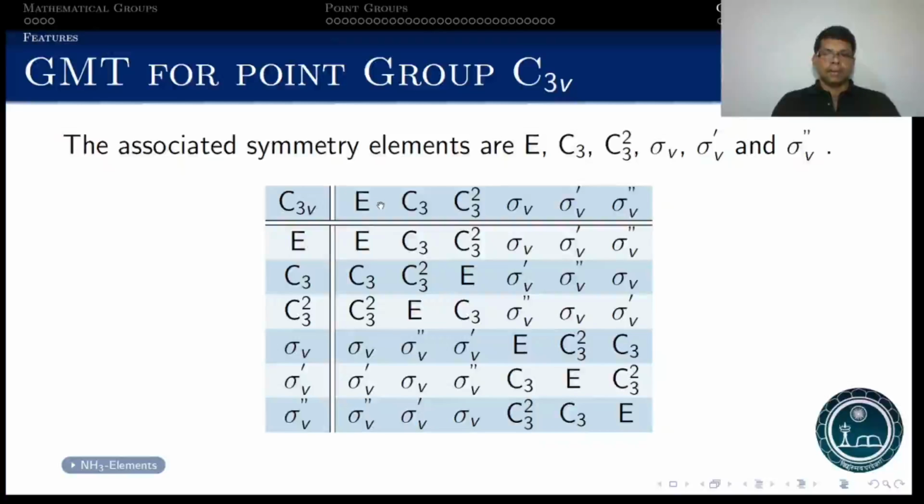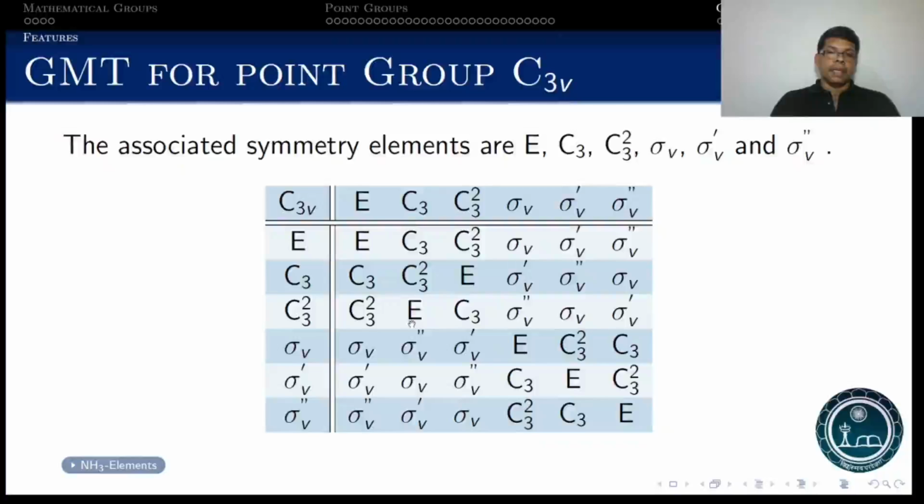Just like in the previous case, you go through a combination of symmetry elements. See, C3 and C3 square. First you operate C3, then you operate C3 square. C3 means you rotate the molecule by 120 degrees to have an identical, indistinguishable image. On rotation through 360 degrees, you can have three indistinguishable orientations.